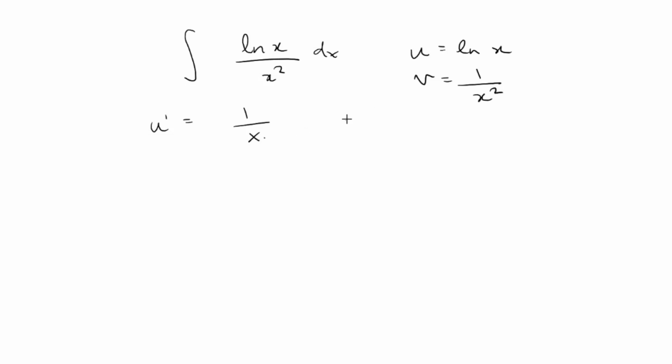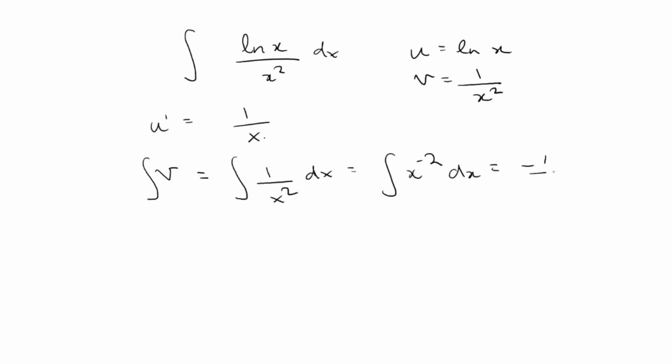We also know that v is 1 on x squared. So the integral of v is equal to the integral of 1 on x squared dx, which really is the integral of x to the minus 2. So we can just use our general power rule formulas for this, which is minus 1 on x.